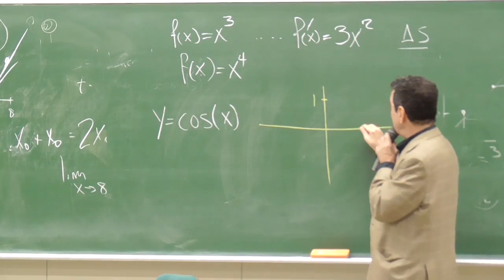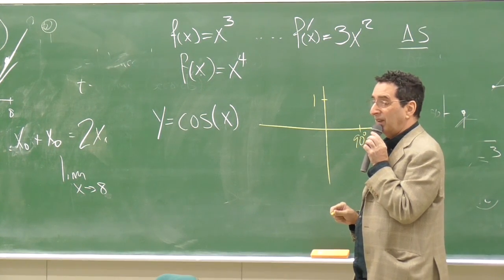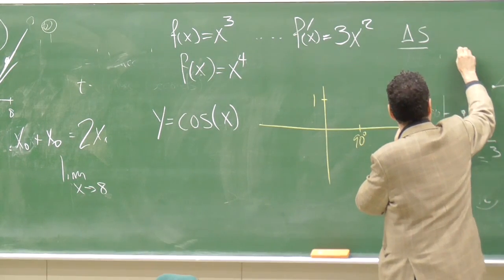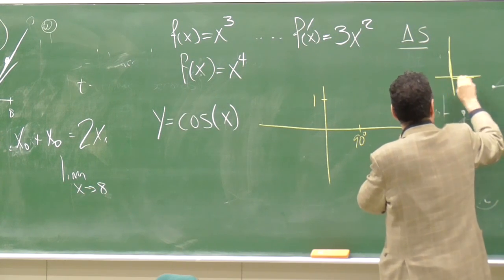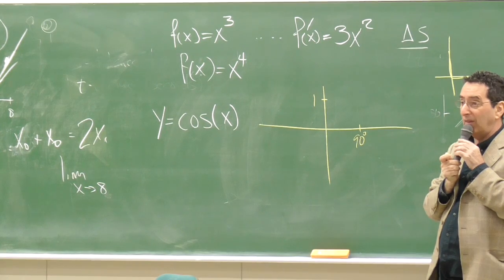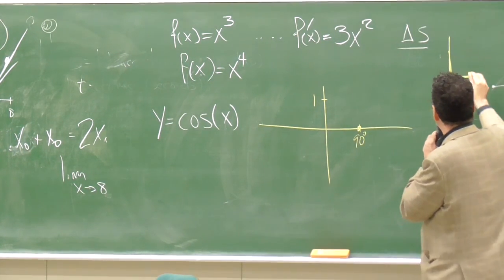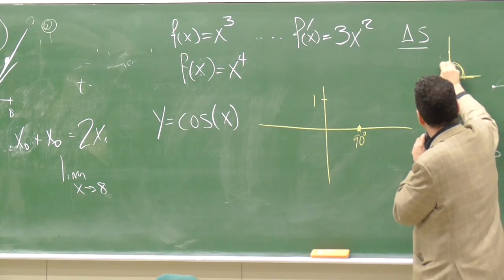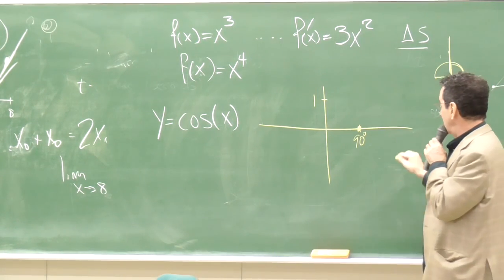When it's 90 degrees, what is the cosine then? So if you have a 90-degree angle, like here, this angle here, what is the cosine? 0. So that's here. And what's the next one that you remember? If you talk about not this angle, but this angle, 180, then the cosine is what? -1.